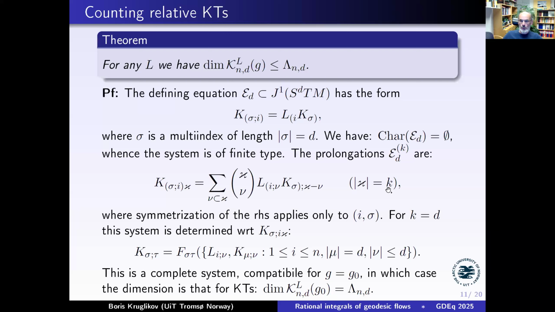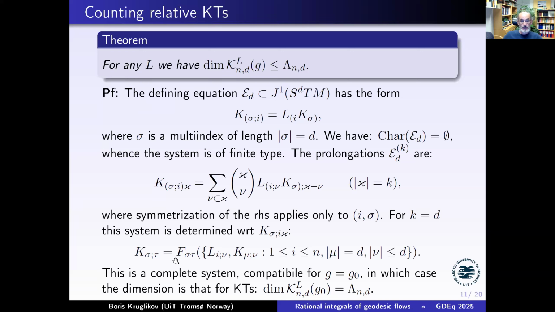when we come to order k equal to d, then we actually have the same number of differentiations here, and so the same number of indices kappa as indices sigma. And the system becomes actually determined. So we will be able to express all covariant derivatives of k sigma by tau, where I forgot to write it, where the length of tau is d plus 1.